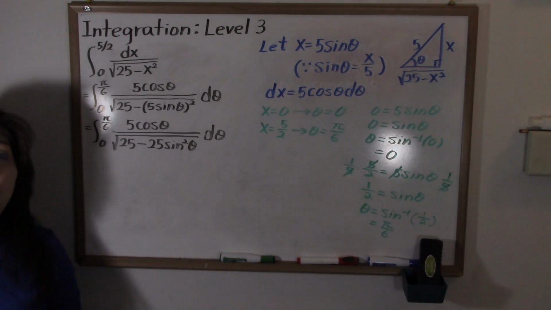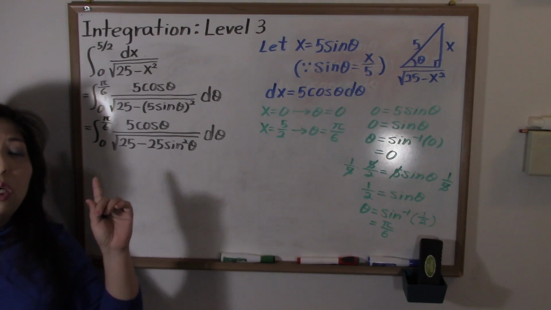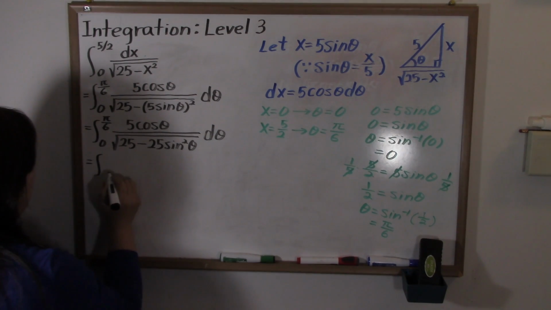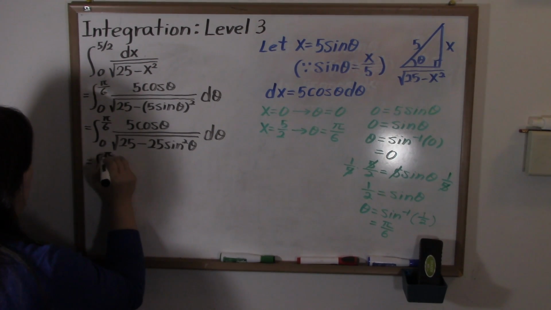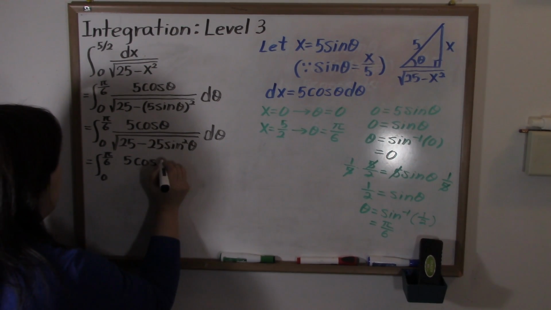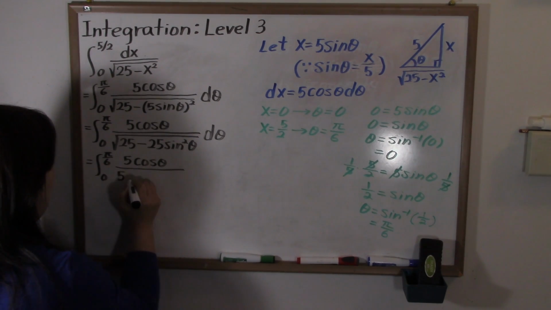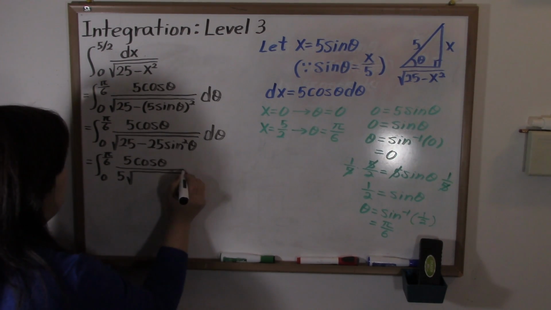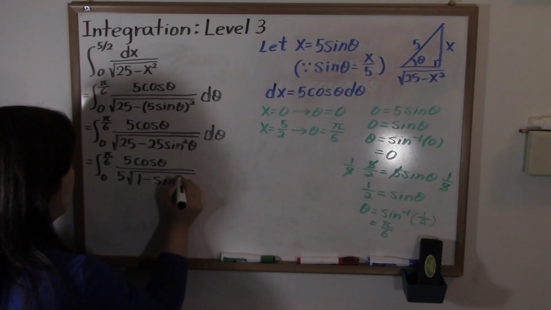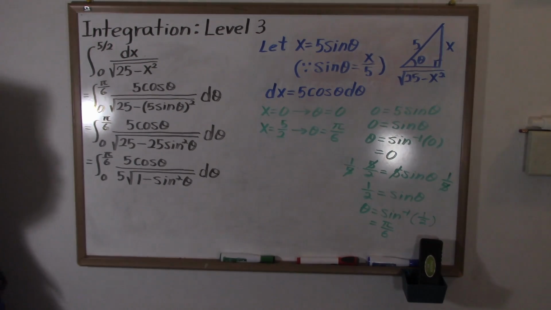And now, next step, we're going to put 25 outside of the square root. So it is equal to the integral from 0 to pi over 6 of 5 cosine theta over 5 times the square root of 1 minus sine squared theta d theta, right?